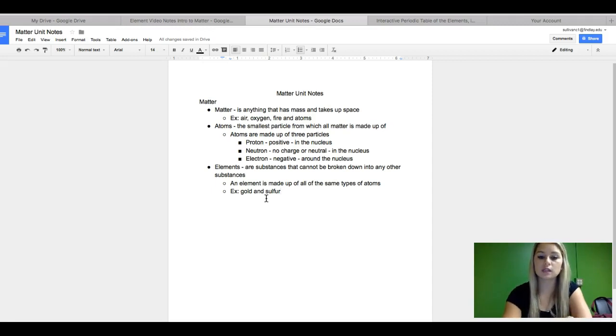Anything that's listed on the periodic table, you would be able to use as an example because they all are elements. If you want to use something more exciting like magnesium and lithium or titanium, you can go ahead and do that. But for right now in our notes, let's just use gold and sulfur since these are the ones that we talked about in class.